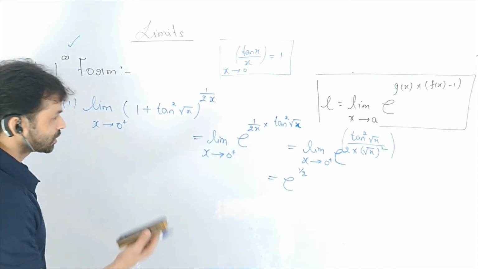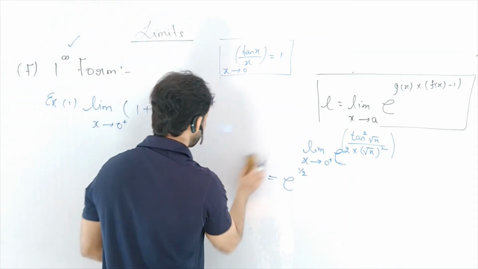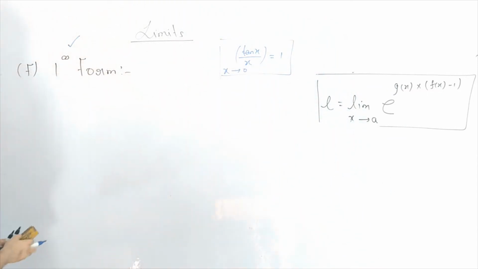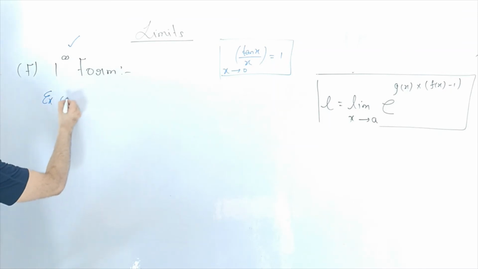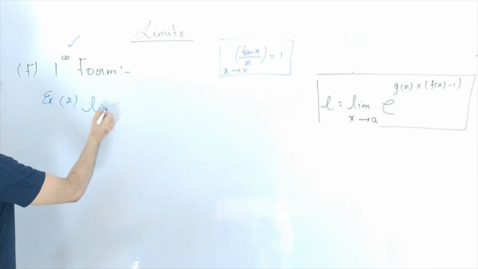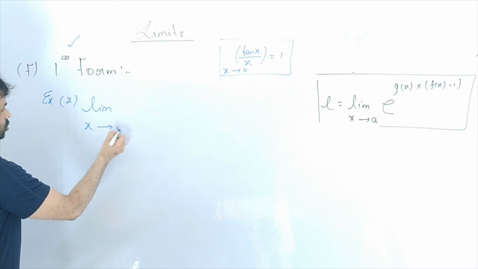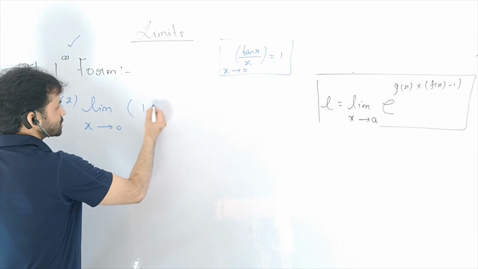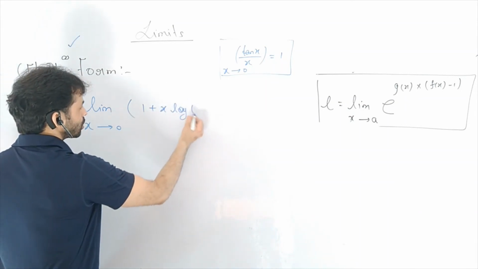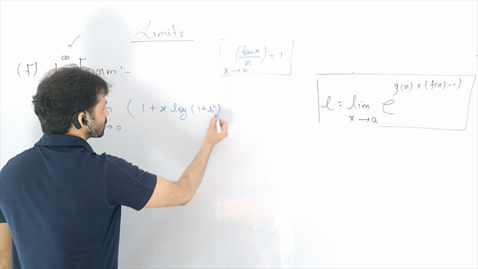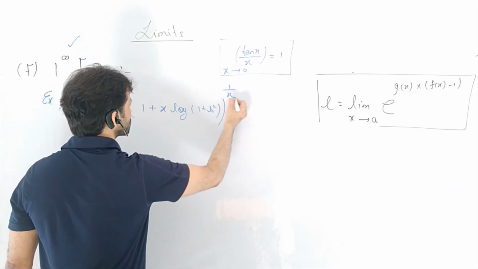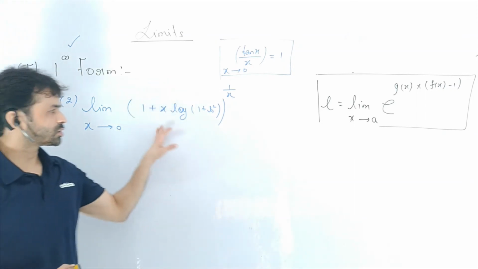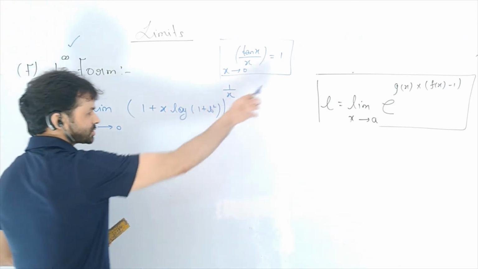We'll come to the other column, IIT Advanced 2011, I think. The problem was that we had to use this limit somewhere to solve one equation: (1 + x log(1 + b²)) whole to the power 1 by x. You can see this is the 1 to the power infinity form, so we'll use this result.